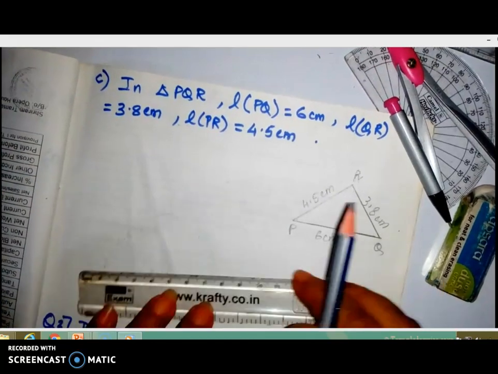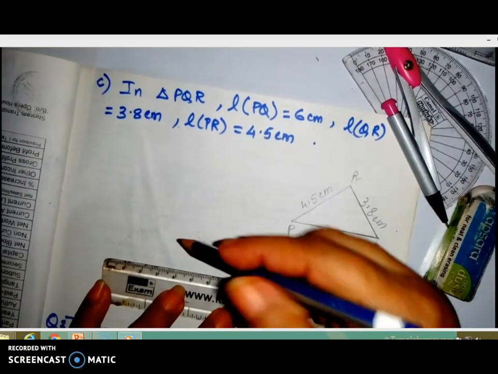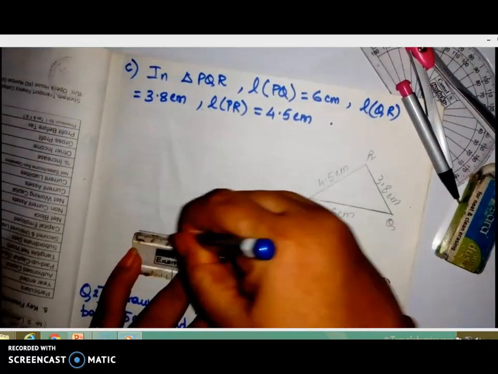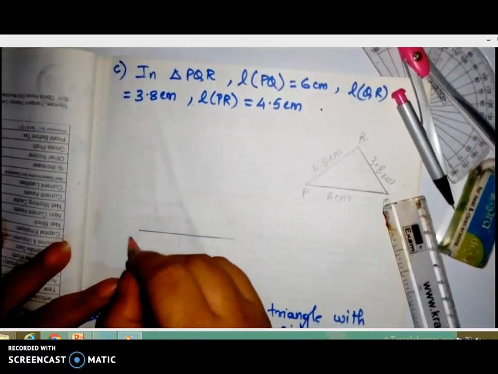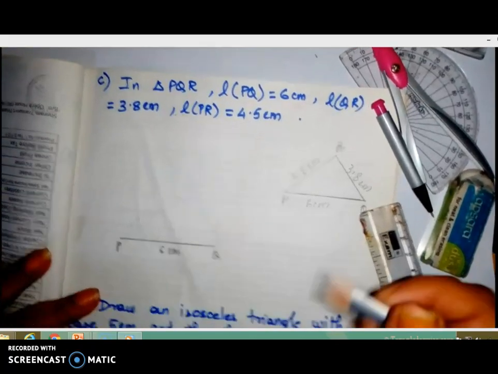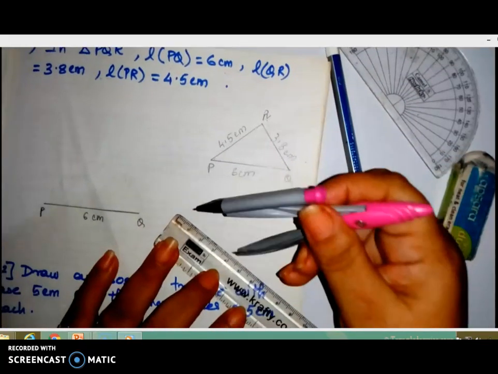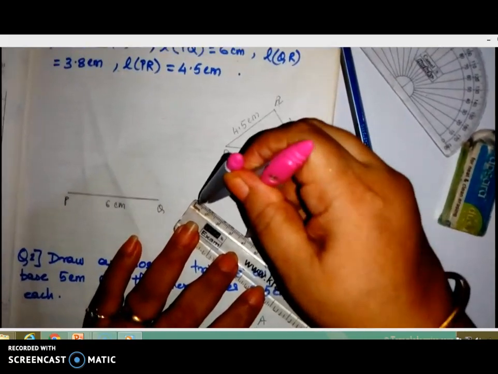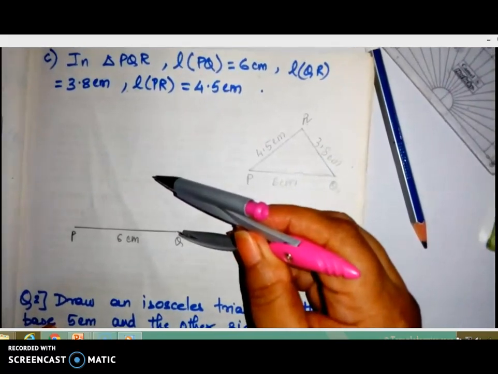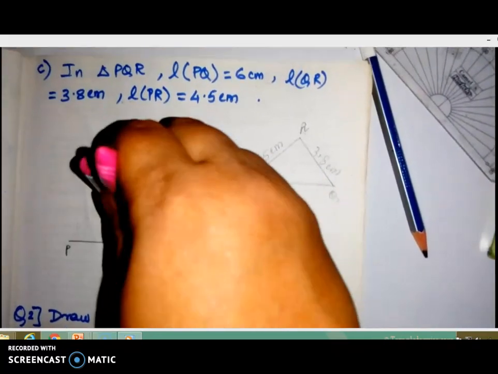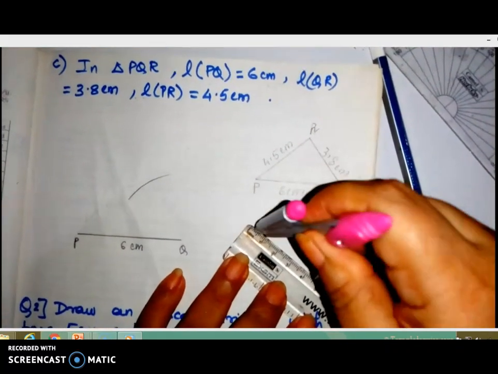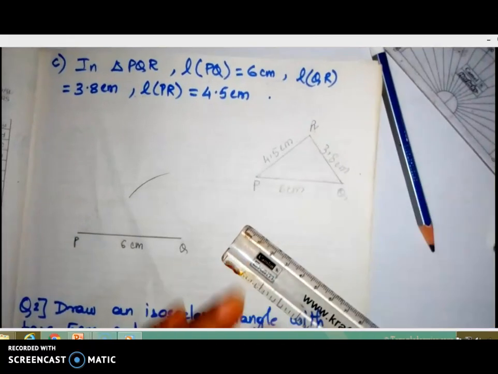So we'll proceed to do the fair construction. First, we will take the base of the triangle as 6 centimeter, PQ, which is 6 centimeter. Now, on the compass, we will measure 3.8 centimeter. Place it at Q. Strike the arc, and then we'll measure 4.5 centimeter.